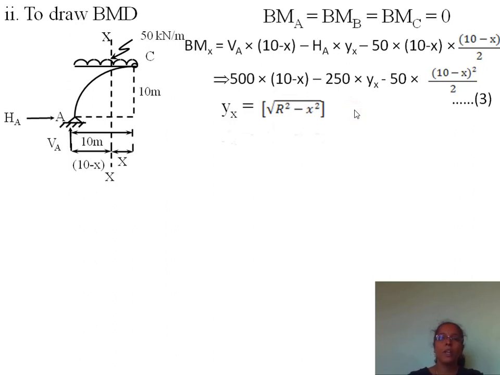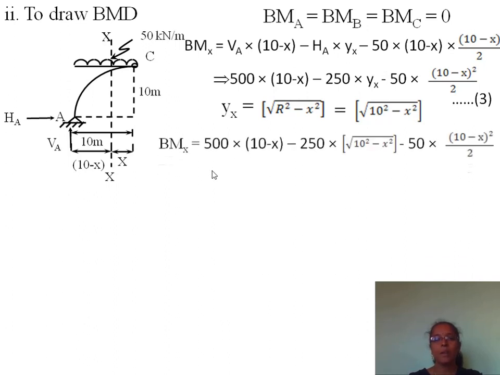Next, the ordinate at any section X, that is YX, is given by root of R square minus X square, which is root of 10 square minus X square. Substitute into equation 3.